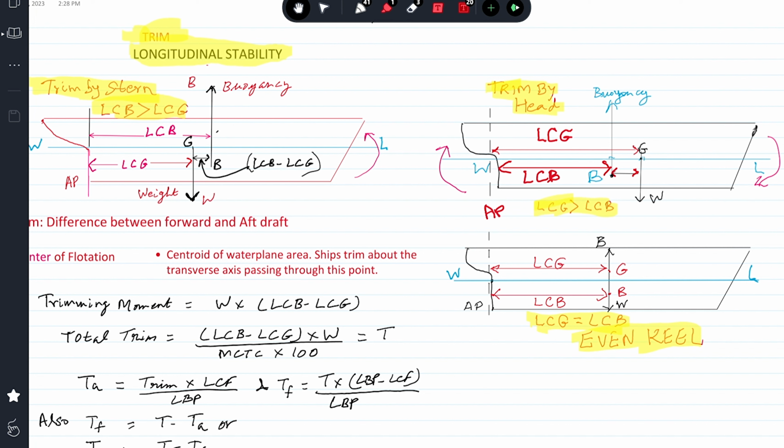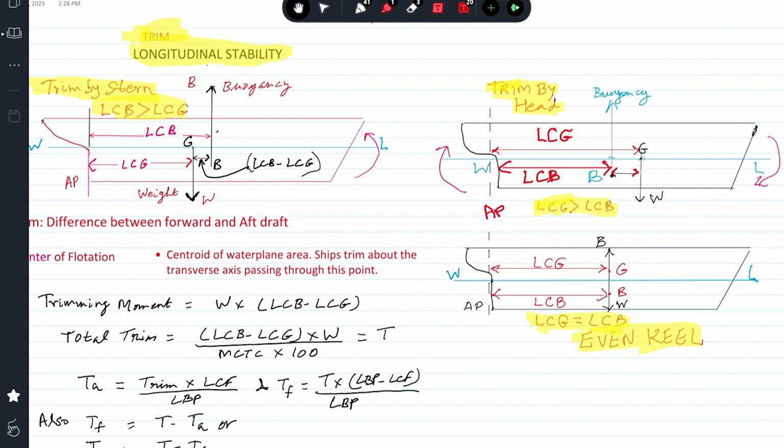This is longitudinal stability, where again we have the KM and GM, but longitudinal: KM, KML, and GM also longitudinal GM, GML, then BM also longitudinal BM, BML. So in transverse stability, you studied transverse BM, transverse GM, transverse KM.